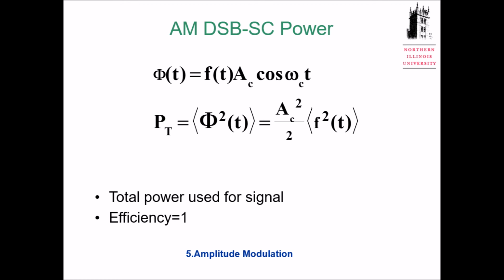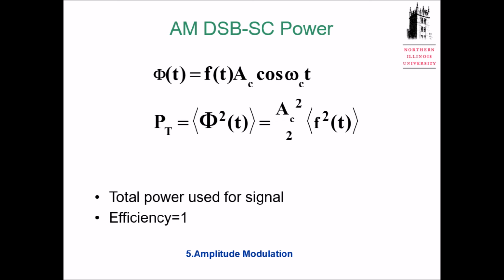Now my signal's total power, the mean square value or expectation of the square of your signal, is A squared over 2, right? This half comes from cosine omega c t.